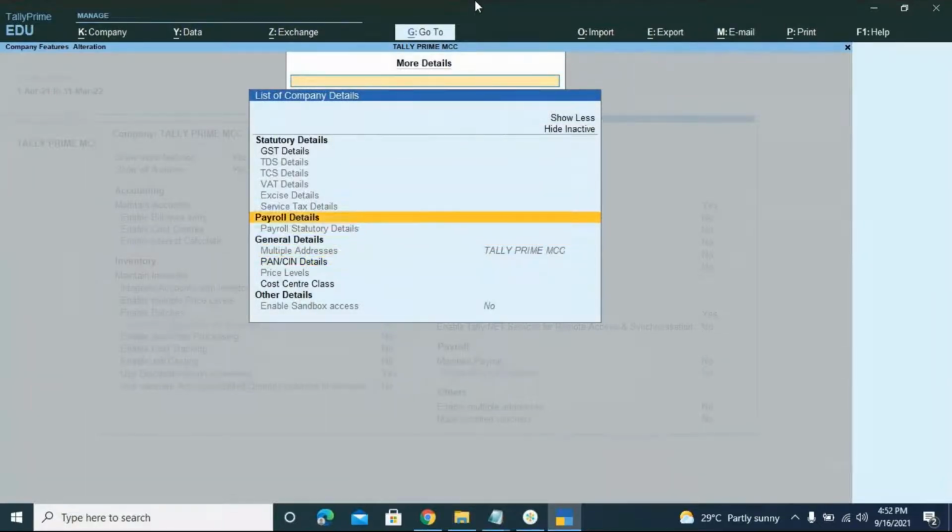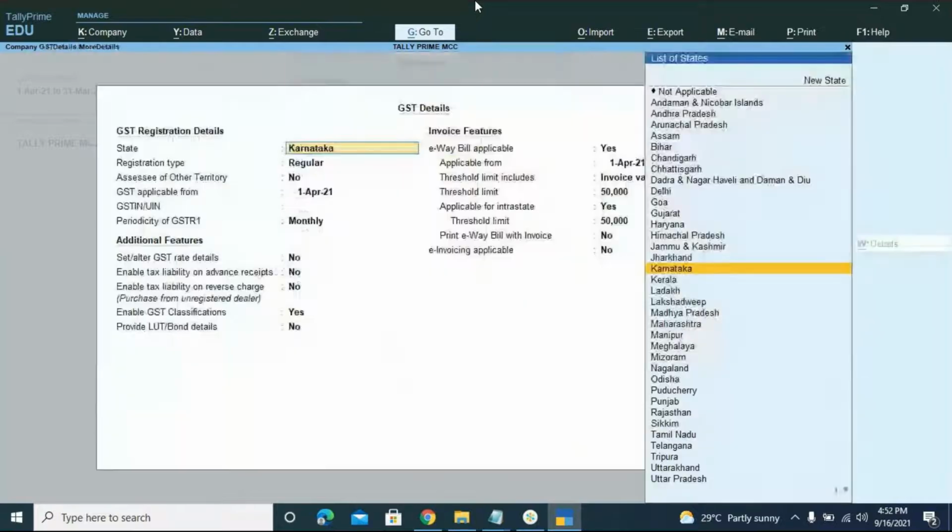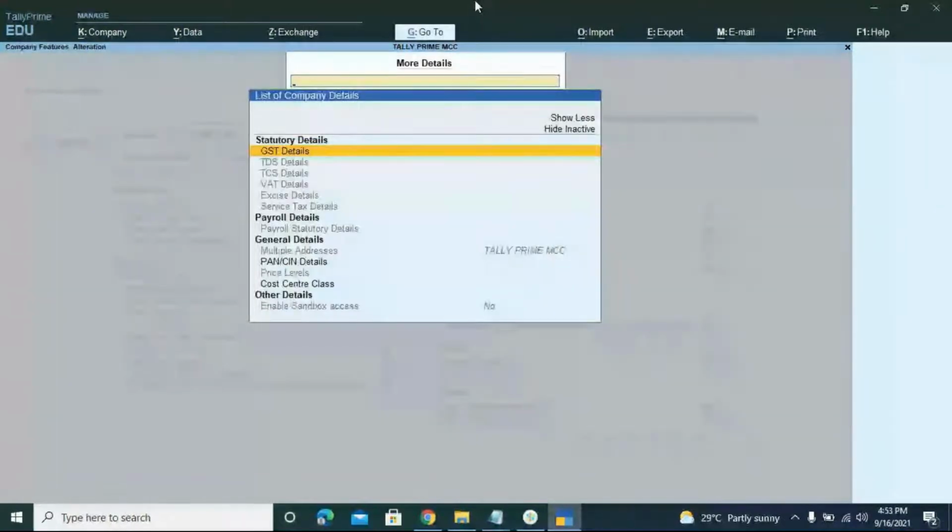Suppose I want to update the GST details, I can do so. Instead of going roundabout, pressing Enter and coming to the GST, I can go for Control I, more details, where I can instantly update the GST details. So this is how it goes in the Tally software.